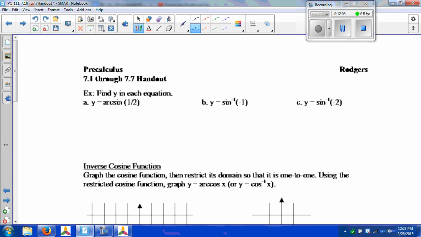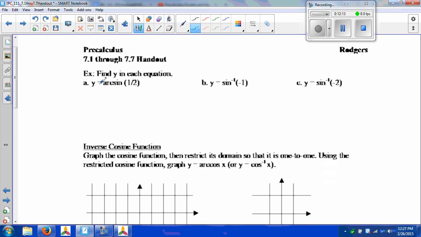Now, you don't really need the graph of arc sine to be able to answer these questions. You just still need your unit circle. So when I see the word arc, or I see the inverse, that's what I think in my head when I see it.